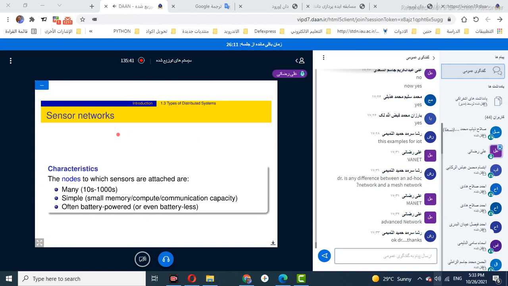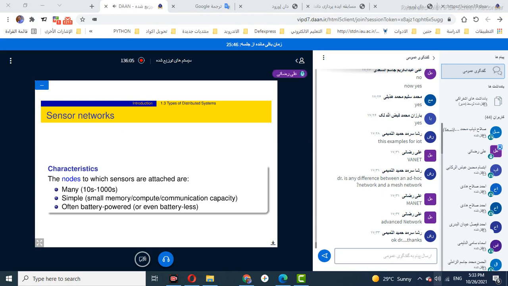Okay, sensor networks. You know, we can use sensor networks. Let me show you a sensor network first. Sensor node, for example, Mica2. Let me show you an image of it. Okay.